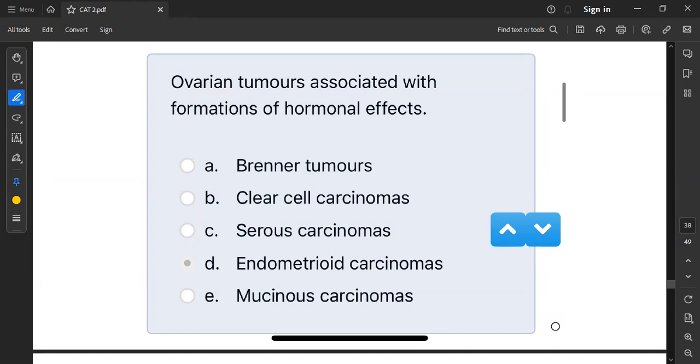Usually the mucinous carcinomas have a stroma, and the stroma of these mucinous carcinomas acts as a source of hormone production.